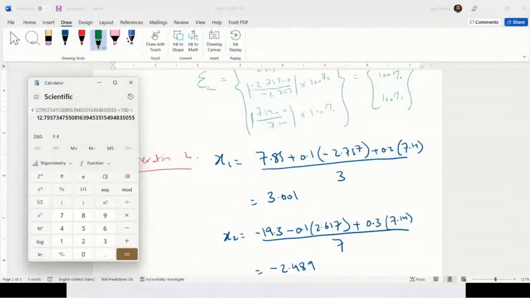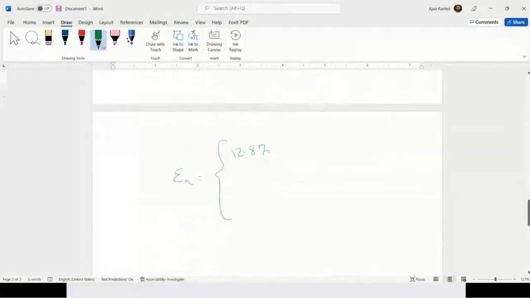The new value for x2 is 2.489. So I have 2.489 minus, then minus and minus becomes plus 2.757, divided by 2.489. Of course, since I take absolutes, I don't need the minus sign. So the error is 10.767. So I'll say 10.8% error.